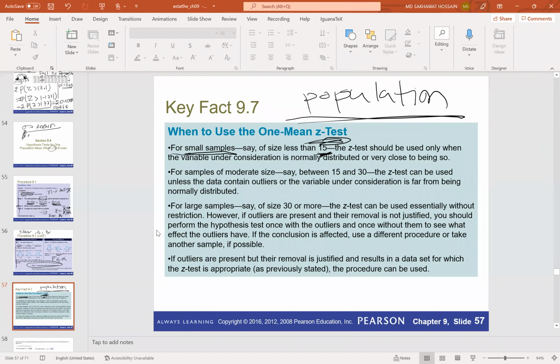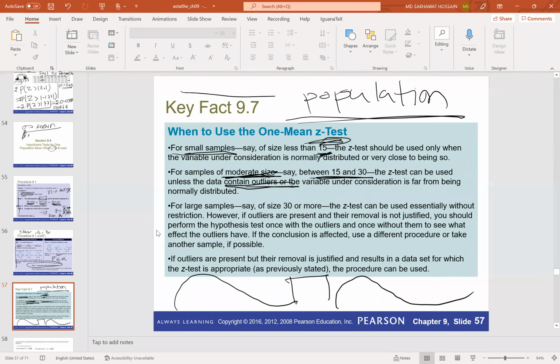And for samples of moderate size, that means the sample size between 15 and 30, the z-test can be used unless the data contain outliers, or the variable under consideration is not far away from the normal distribution. That means the distribution of the variable is not like this, or this, or this.